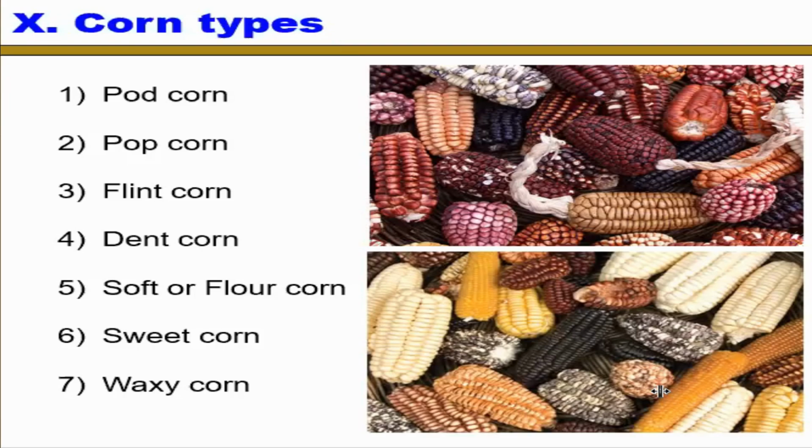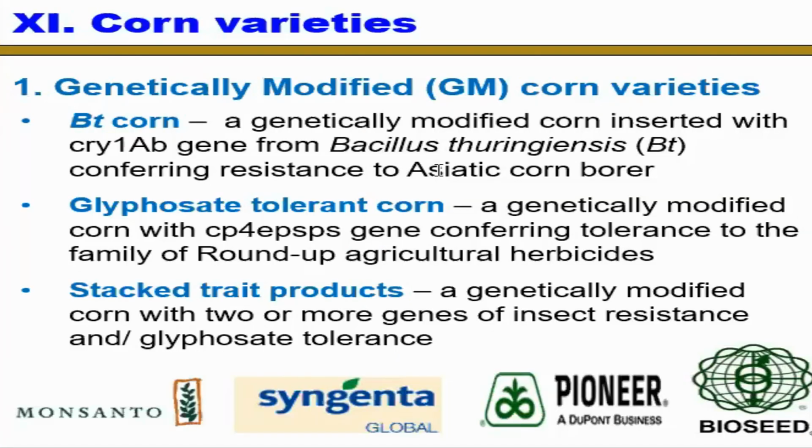For corn varieties today, we have what we call the genetically modified crops or corn varieties. In this kind of technology, a certain gene is inserted: the Cry1Ab gene from Bacillus thuringiensis or Bt, for resistance to a specific insect pest, the Asiatic corn borer.